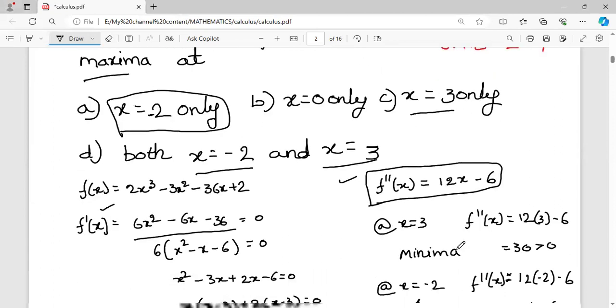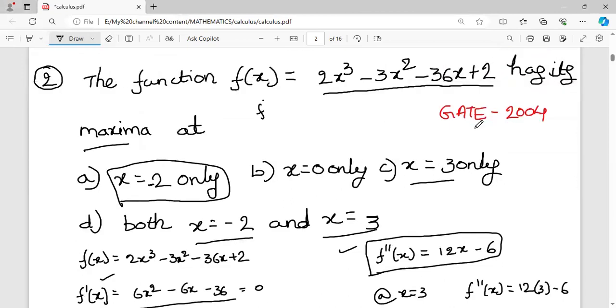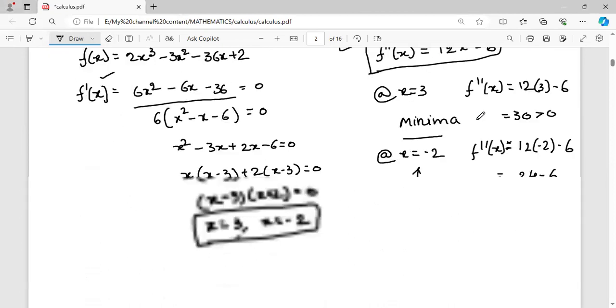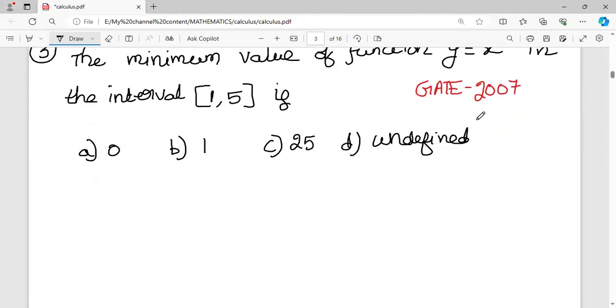Then you get the value. If the value is greater than 0, that can be minimum. If the value is less than 0, that can be maximum. Okay, this question was also asked in GATE 2004. Next, coming to one more problem.